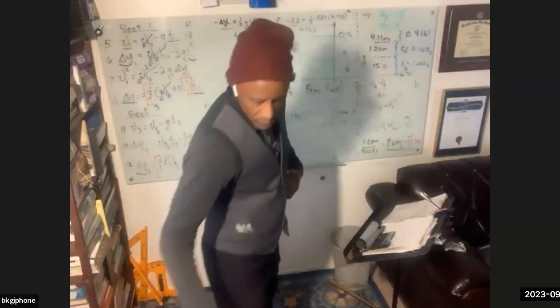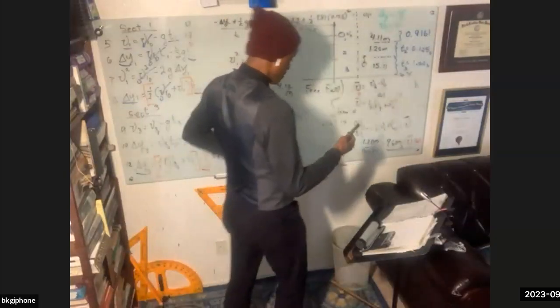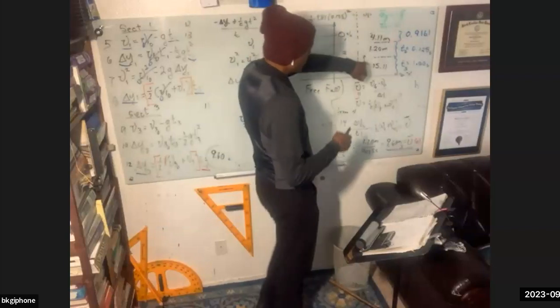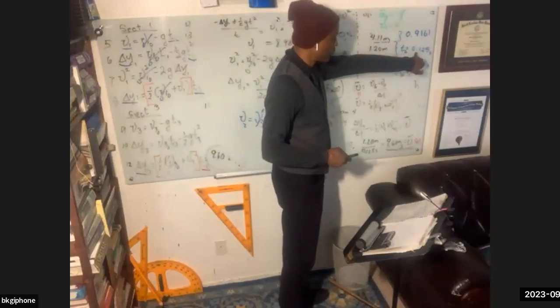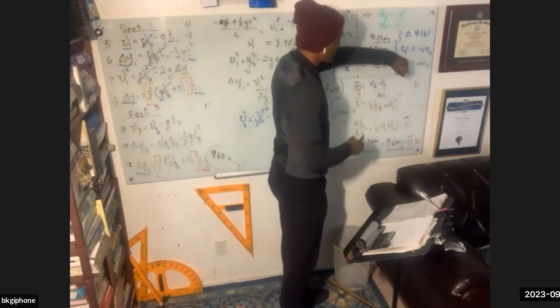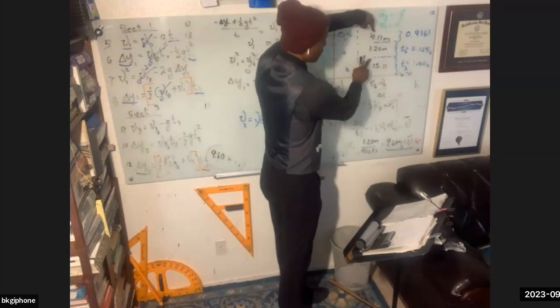So you would have to subtract the value of T1 and then put your T2 separate. Right now your T2 includes the 4.11 meters and the 1.2 meters. You see what I'm saying? Let me interpret, because I think that might be a misinterpretation on my part. Are you saying this 0.125 seconds is the time to fall through all of that?